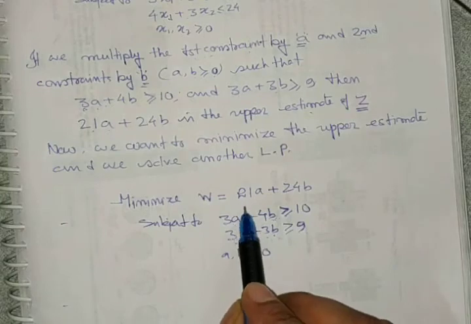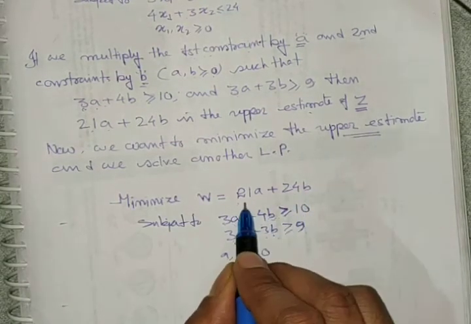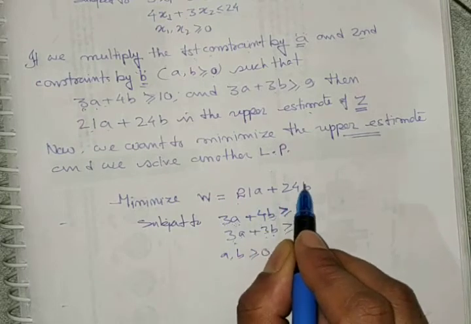And ultimately our intention is to find the upper estimate, which is equal to 21A plus 24B.